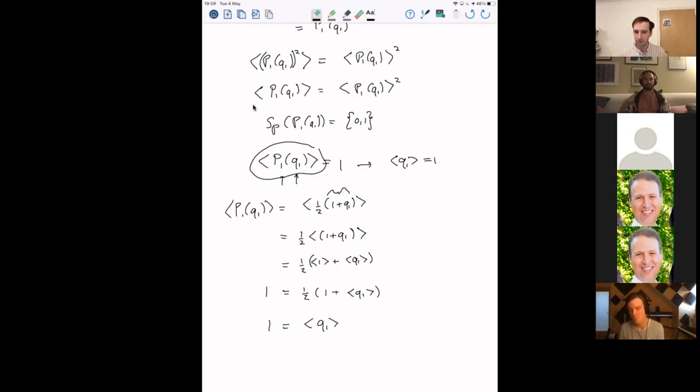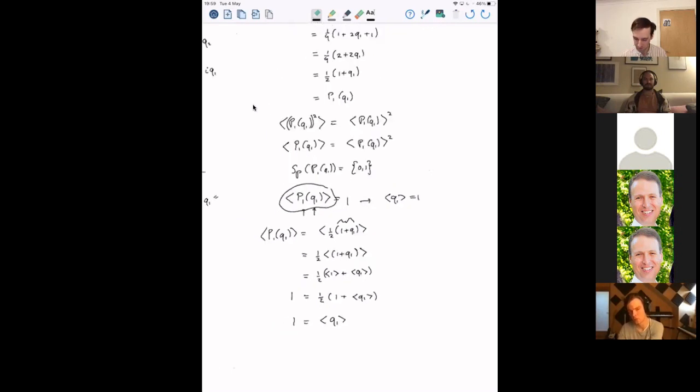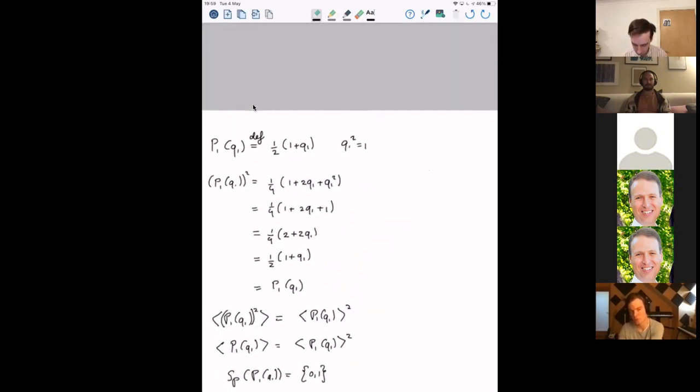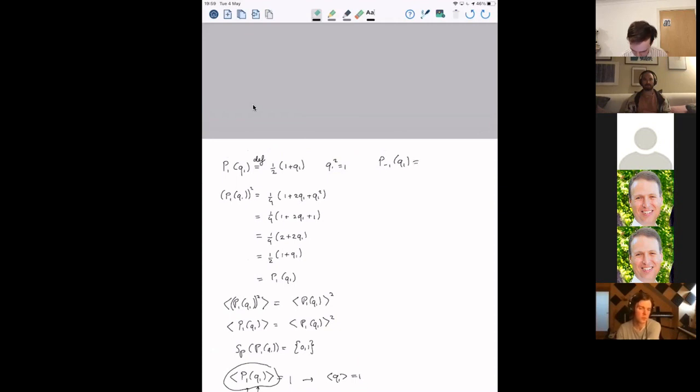And so this projector is like a probability. It has a value between 0 and 1, and these values correspond to how likely you are to measure Q1 to have value 1. Likewise, there must be another operator. So we've defined P1, and we can also define P minus 1 of Q1, which per definition is 1 over 2 times 1 minus Q1.